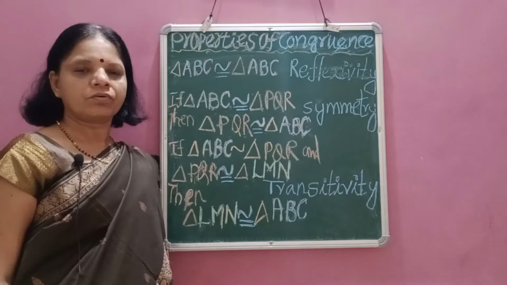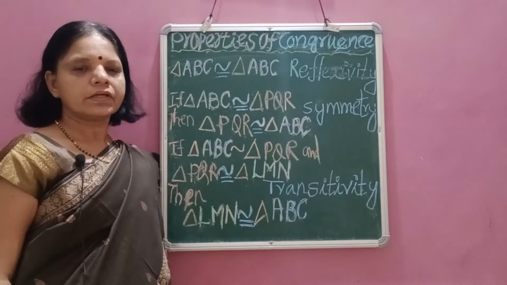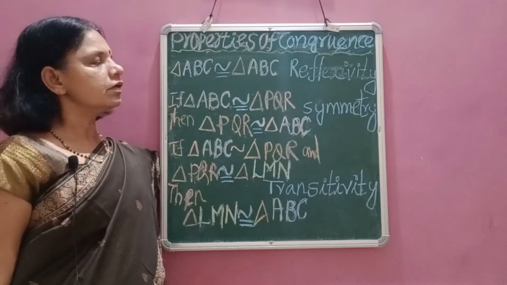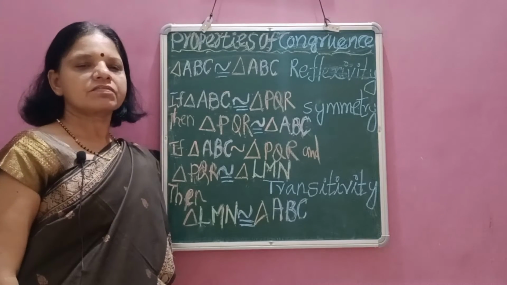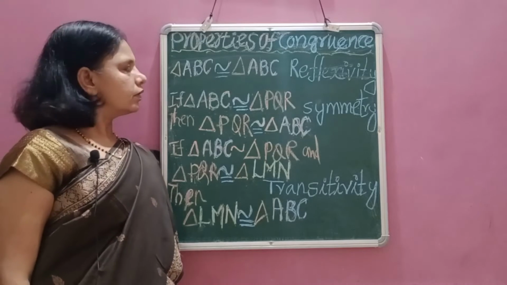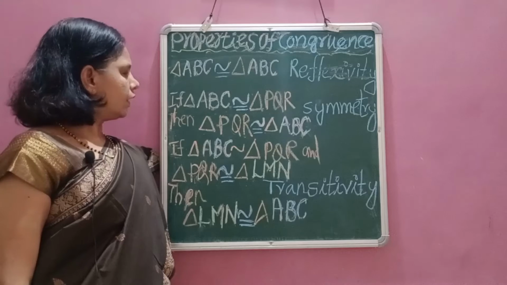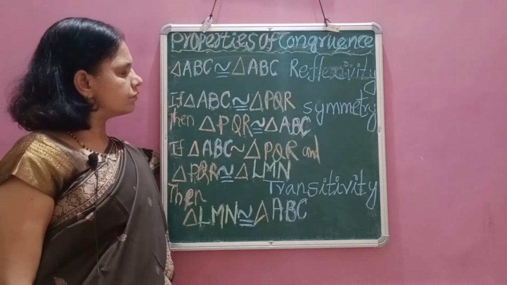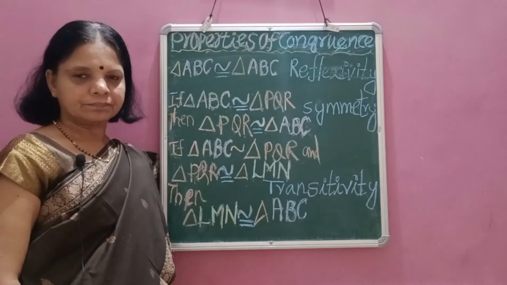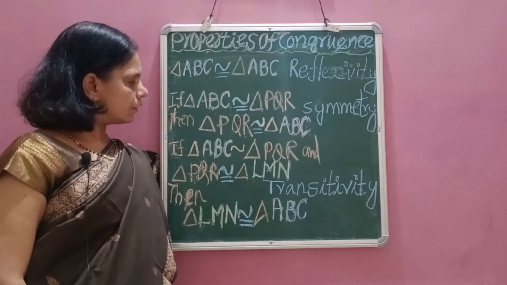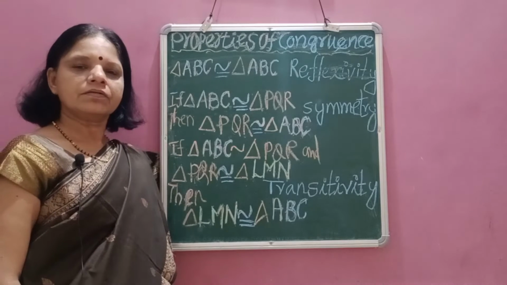There is no doubt for that. Every triangle is congruent to itself. This property is known as the property of reflexivity. Clear?